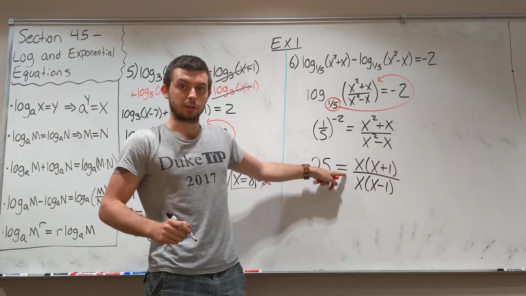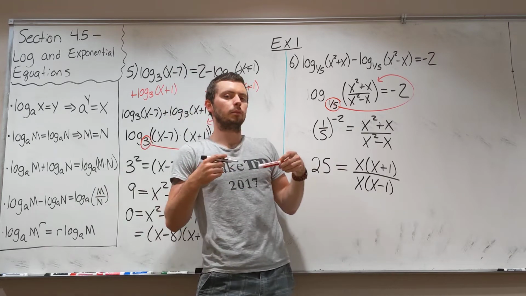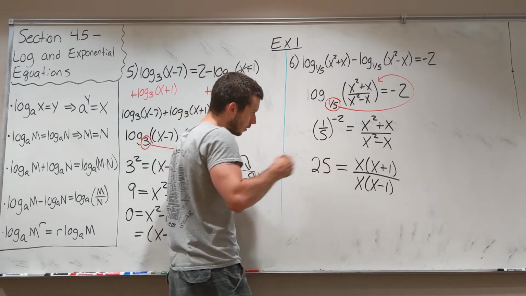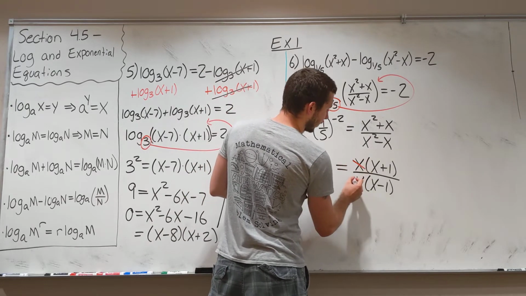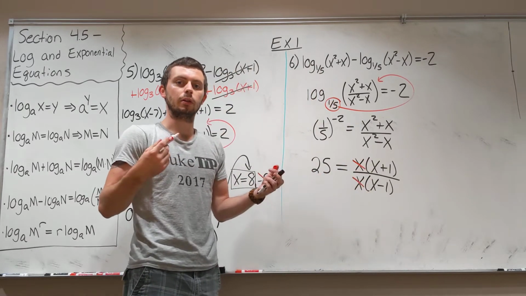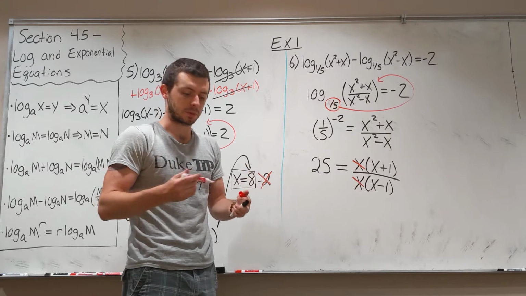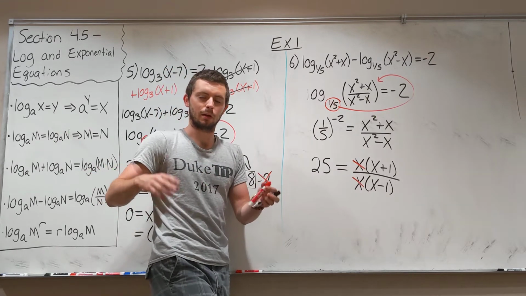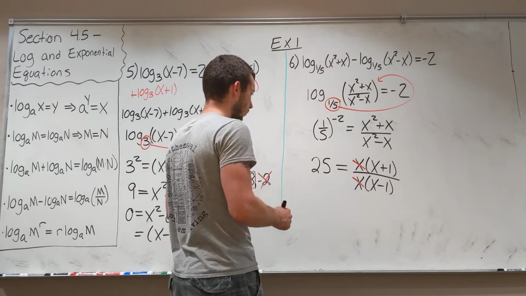So that's what I went ahead and did here. And I noticed these x's cancel. And because they cancel, we get a much more simplistic fraction, and it'll make our computations a lot easier later on.